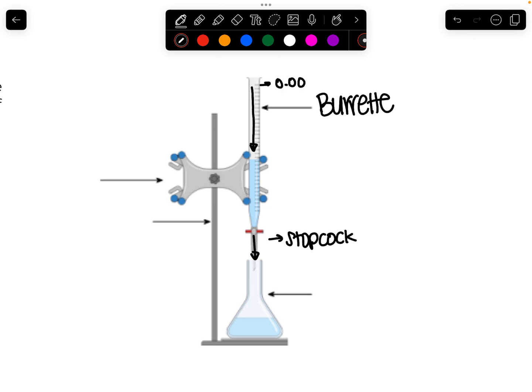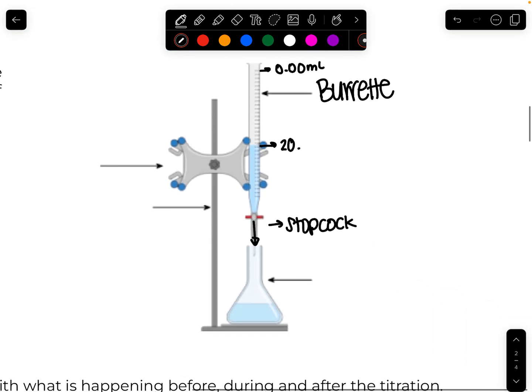This is the 0.00 milliliter mark. So what you do with a burette is you fill it completely to the top, to 0 milliliters, and then when you open the stopcock and it starts flowing through into the reaction flask, you basically just count upwards to see how much you've used. Let's say, and I'm just going to put a random number down, that this reads 20.24 milliliters.